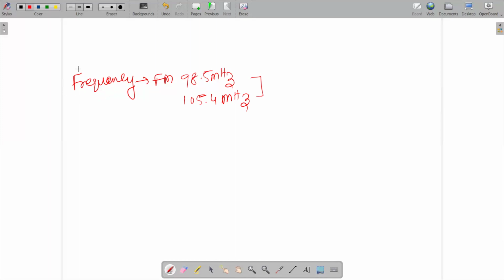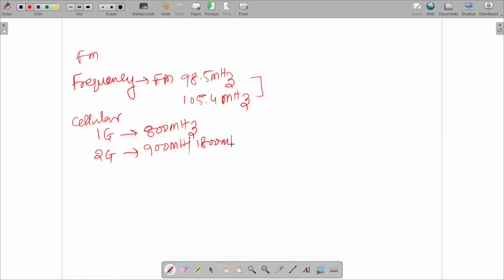When it comes to cellular, 1G frequencies are around 800 megahertz. 2G frequencies, 900 megahertz is there, right? In some countries, 800 megahertz. So this is a frequency. But where is the channel bandwidth?